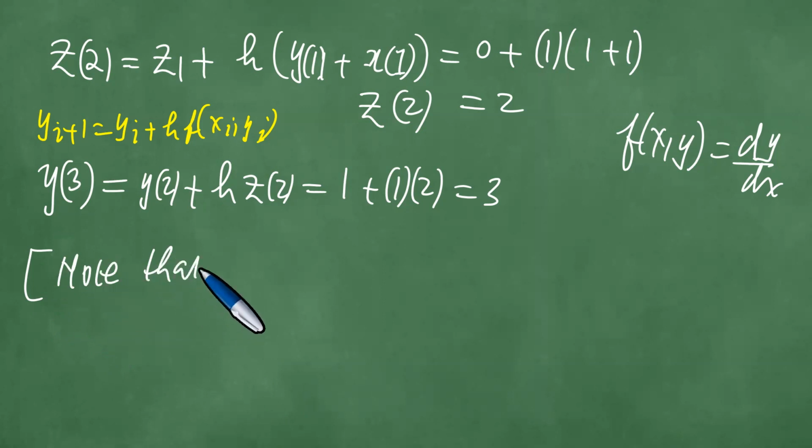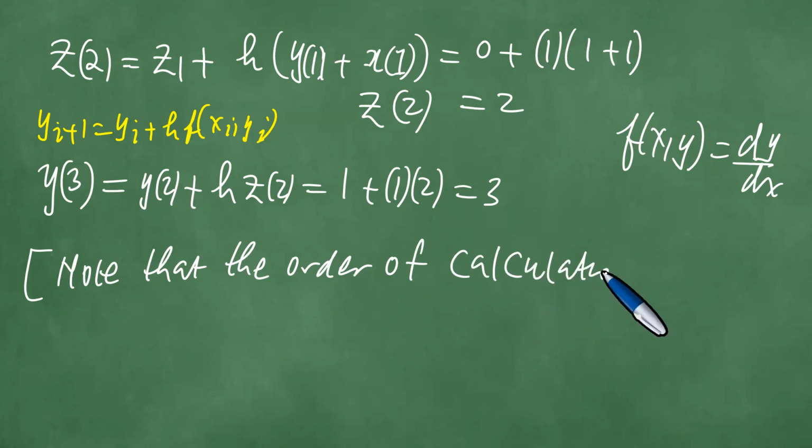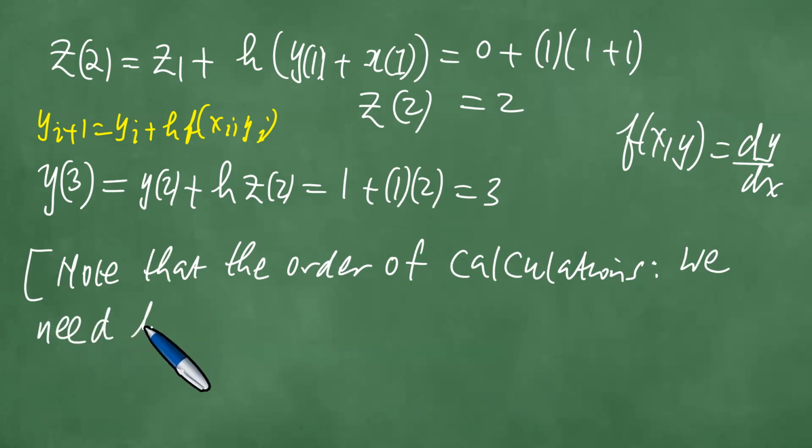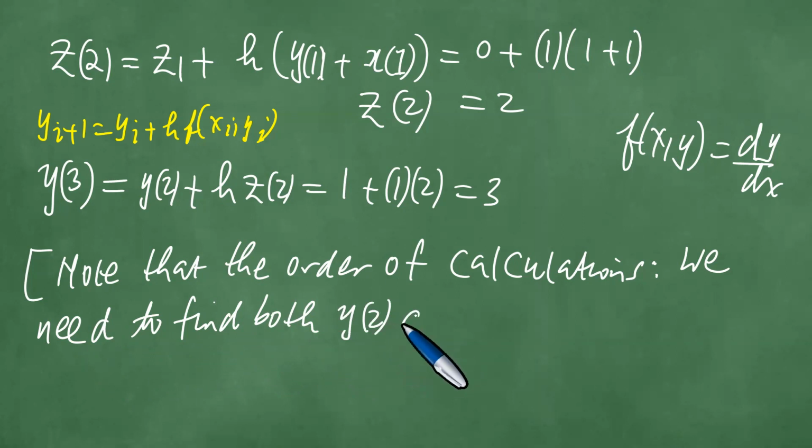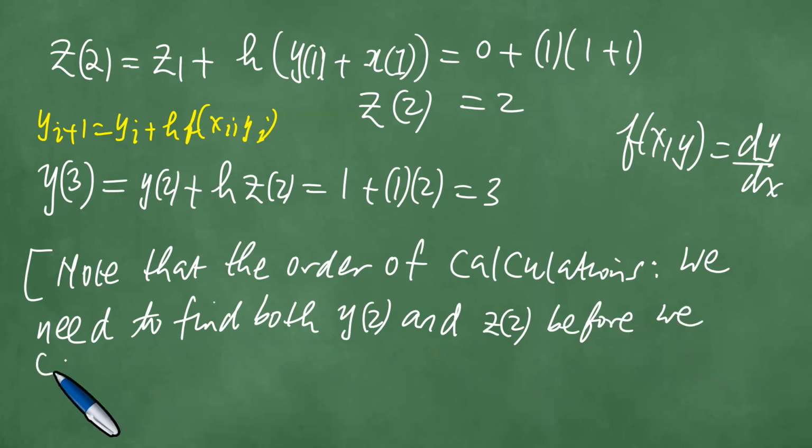We need to note that the order of calculations: we need to find both y2 and z of 2 before we can calculate y3.